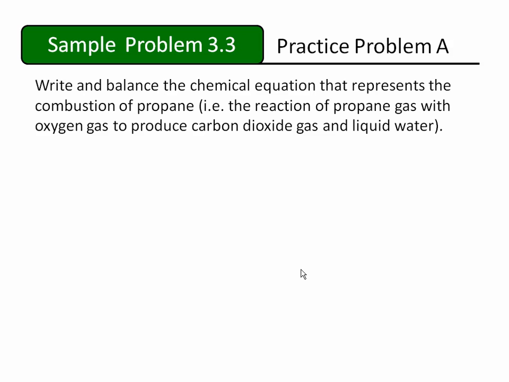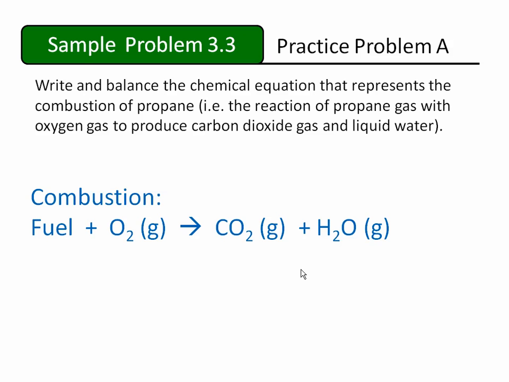Just to be clear, in Chem 1251, you are required to know that combustion involves reacting a fuel with oxygen to produce gaseous CO2 and gaseous water. The fuel can change from combustion to combustion, but the oxygen, the O2, the CO2, and the gaseous water are things that we require you to know.